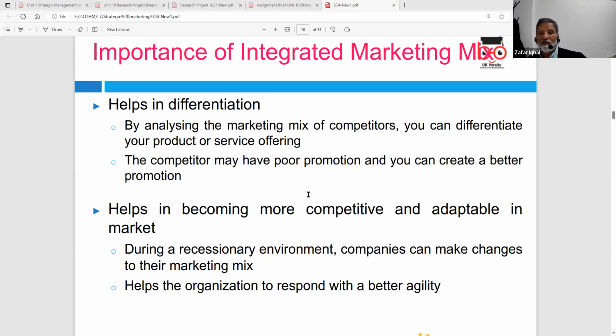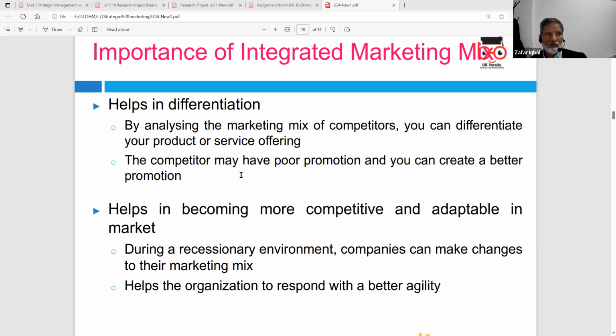The competitor may have poor promotion, and you can create a better promotion. In other words, by producing different promotional capabilities, you differentiate your product. You differentiate by design, you differentiate by packaging, you differentiate by going for different sectors of the economy or different sectors of the market.